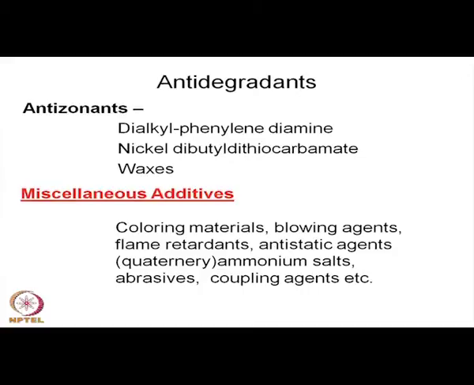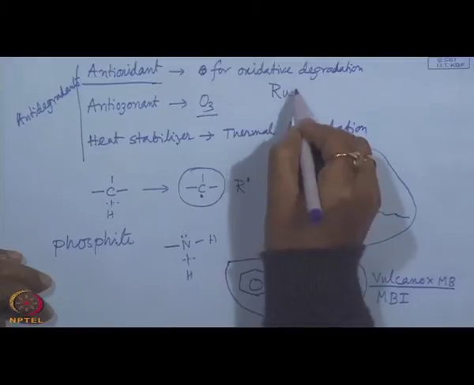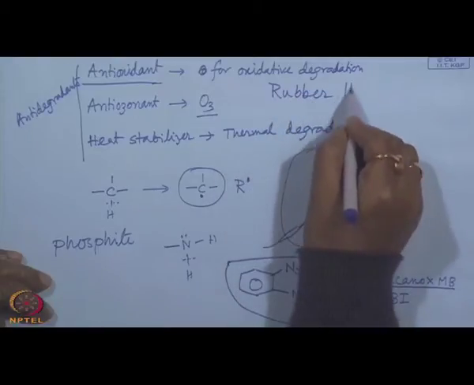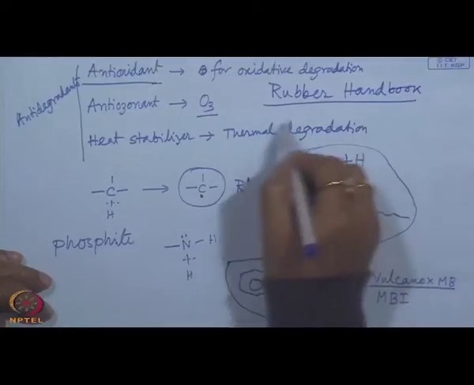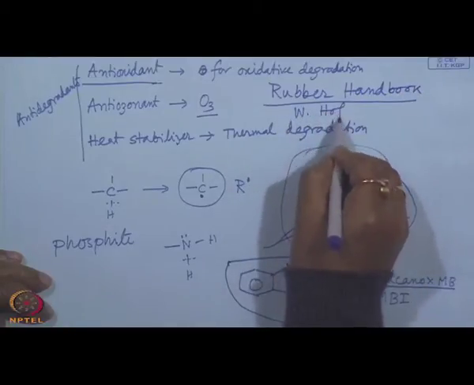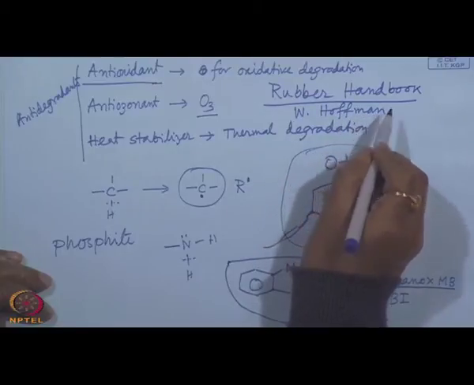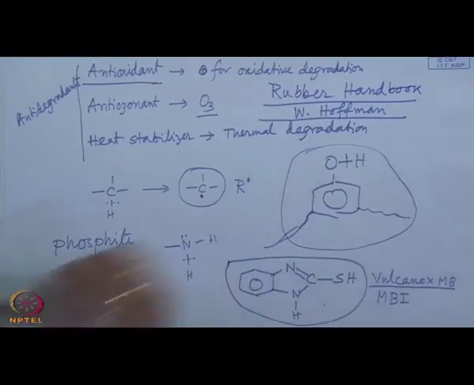Examples of antioxidants are dialkyl phenylene diamine. Here there is no scope for a detailed description. If somebody wants to know details, he is referred to the Rubber Handbook by W. Hofmann, an excellent book on polymer and rubber additives.